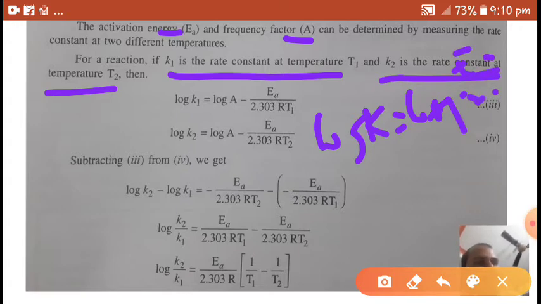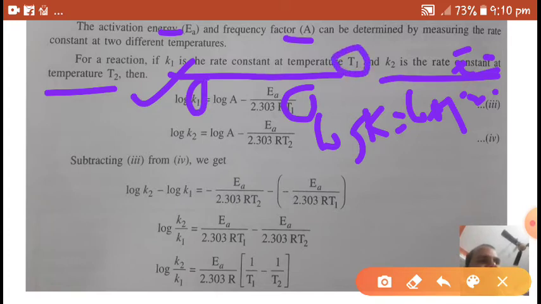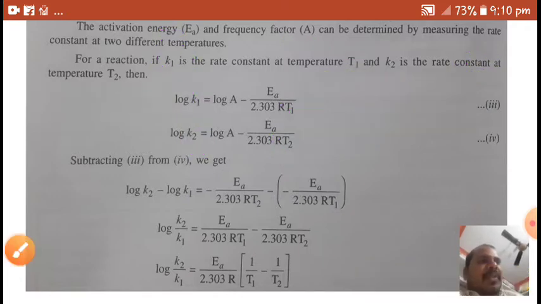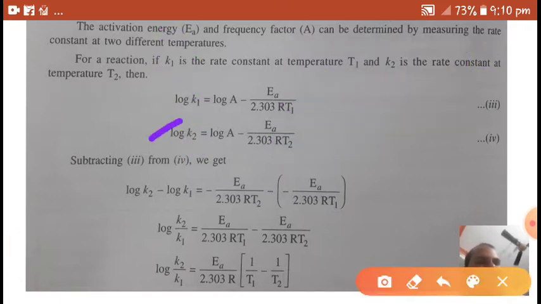We get log K1 is equal to log A minus EA by 2.303 RT1. That means at temperature T1 the rate constant is K1, and I am applying the Arrhenius equation to these temperatures. At T2 temperature the rate constant is K2, then the Arrhenius equation will be like this.